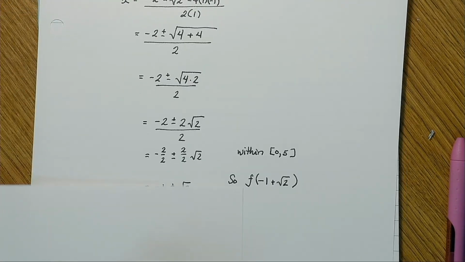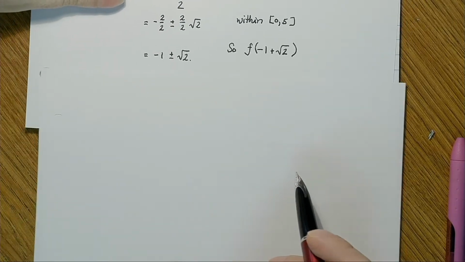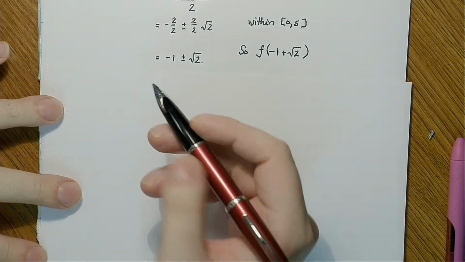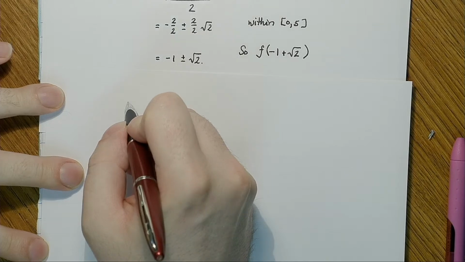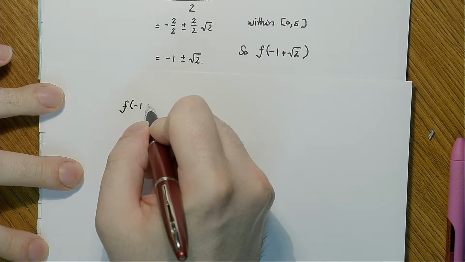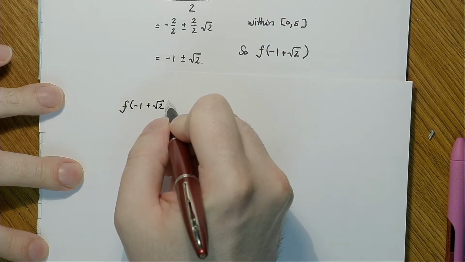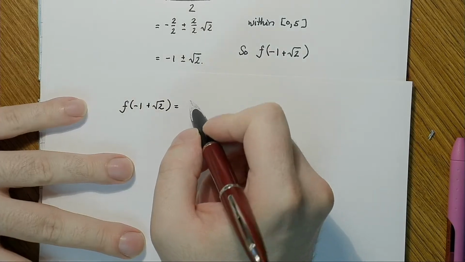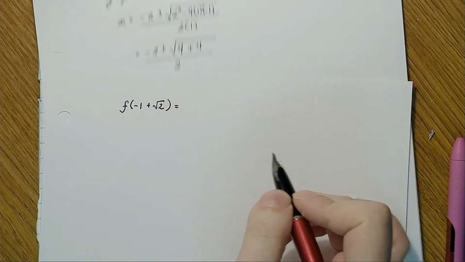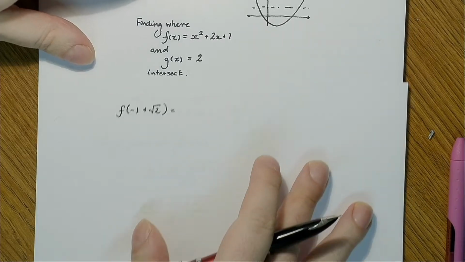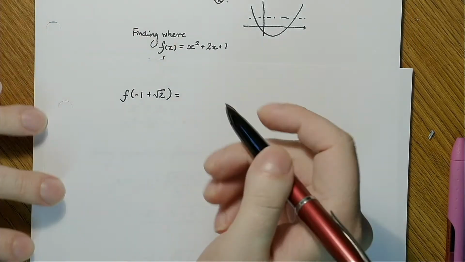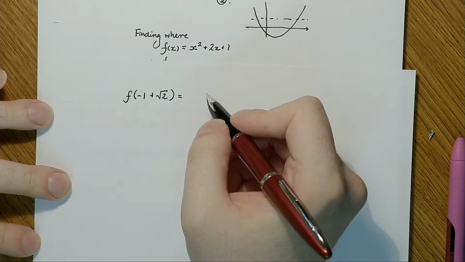So that's good. And then I guess if you really wanted to prove to yourself, you would have f of minus 1 plus square root of 2 equals. So I'm substituting that into that function, x squared plus 2x plus 1.